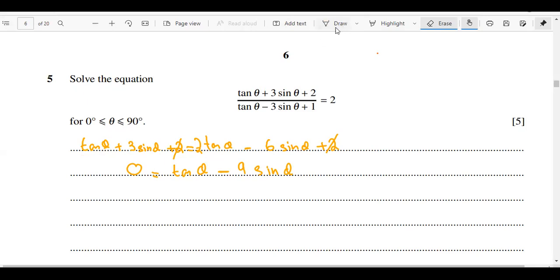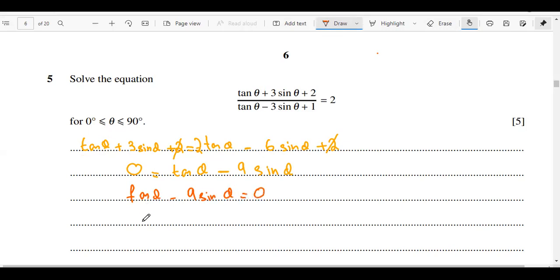Okay, now how to do it? You have multiple ways of doing this. Either we can just first, let me write it down this way: tan theta minus 9 sine theta equals 0.